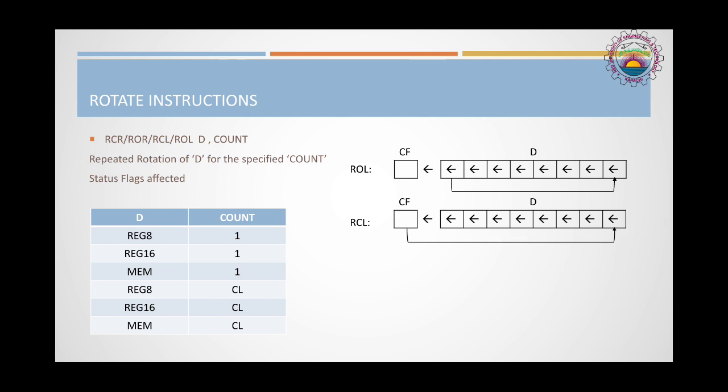In case of RCL, rotate left with carry flag, MSB of D will be copied into carry flag, and carry flag will be copied into the LSB, and register or memory whatever is present as D, that will be rotated left.